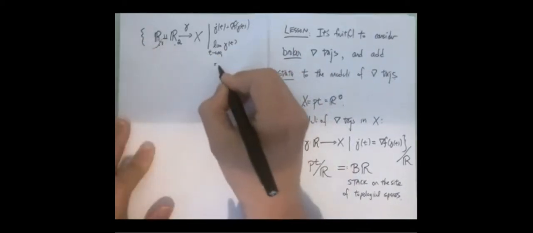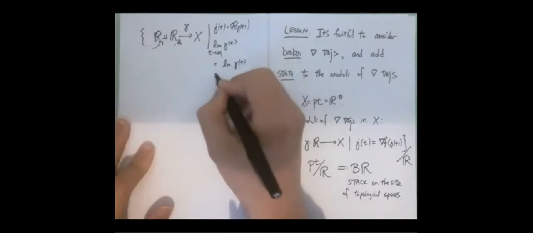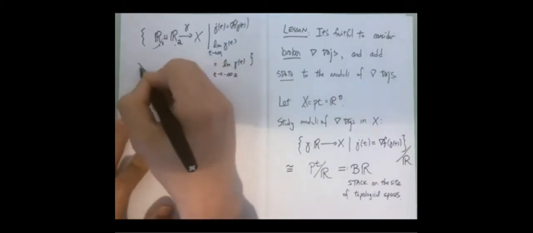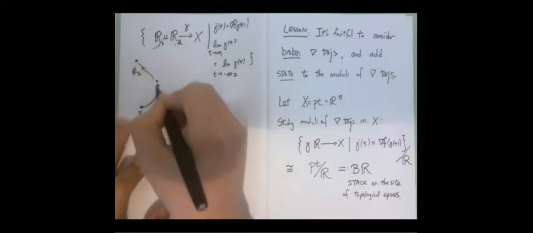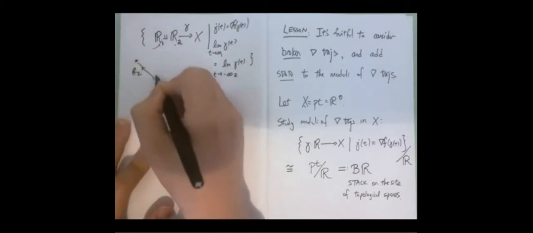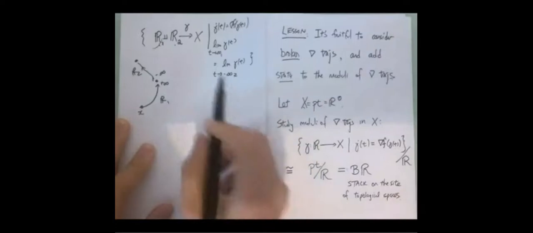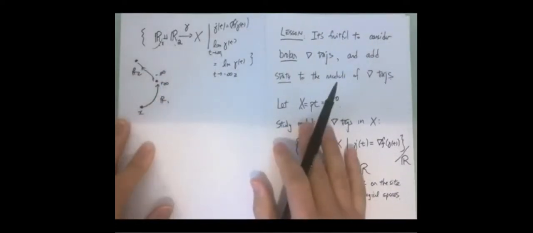So I'd like to demand that the limit of gamma of t, as t approaches the first copy of infinity here, equals the limit of gamma of t as t approaches negative infinity in the second component of R. Which is to say, if I have this R1 being mapped in by the gradient flow equation, and R2 being mapped in, of course, I would like what I approach at positive infinity in R1 to equal where I come from at negative infinity in R2. Okay, so this is the precise articulation of what I mean by a once broken trajectory.